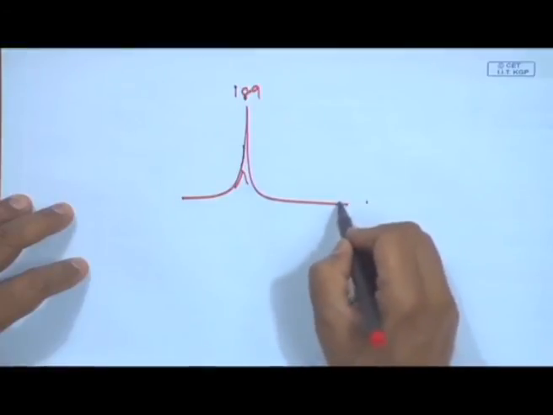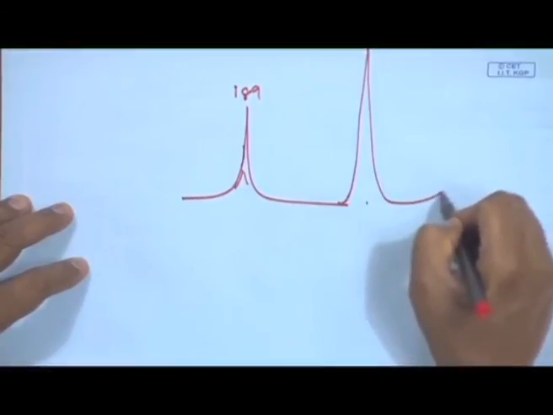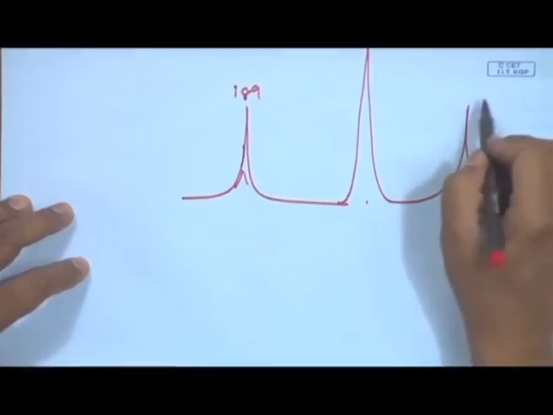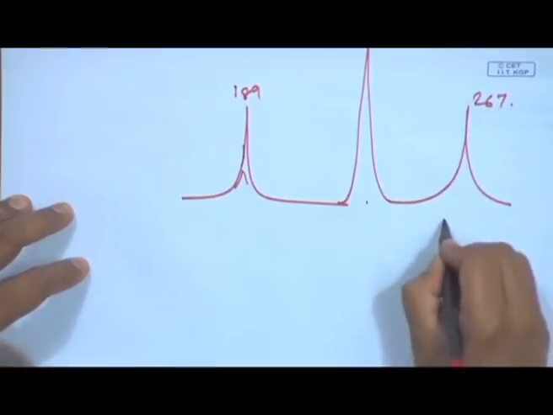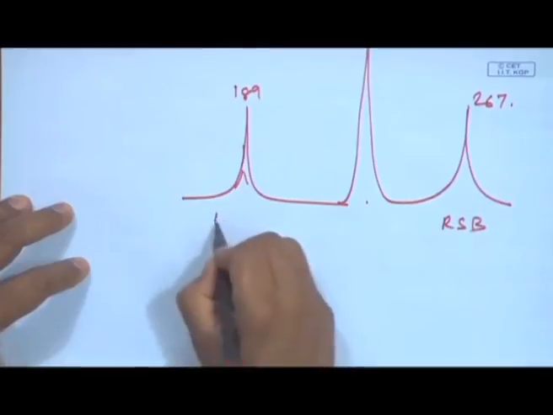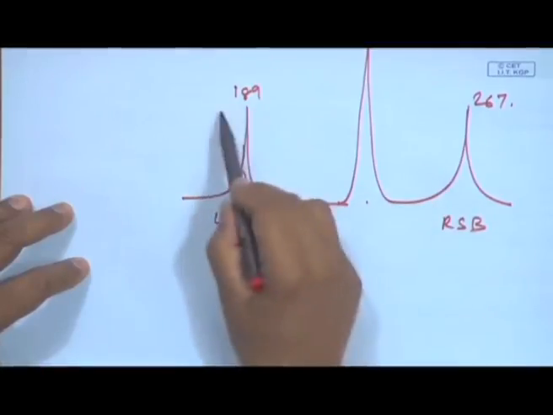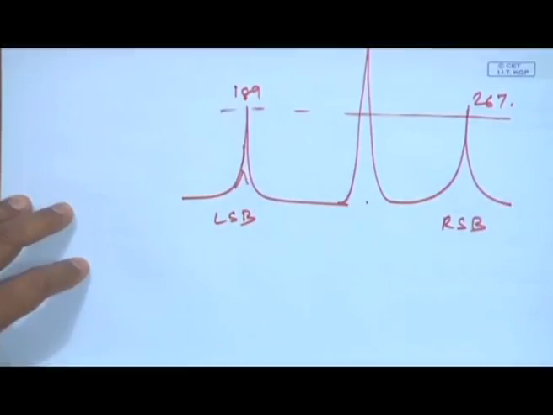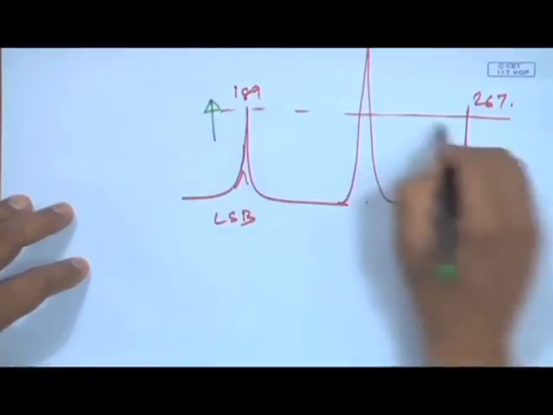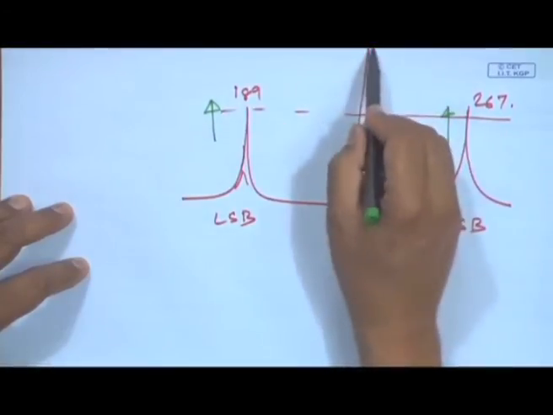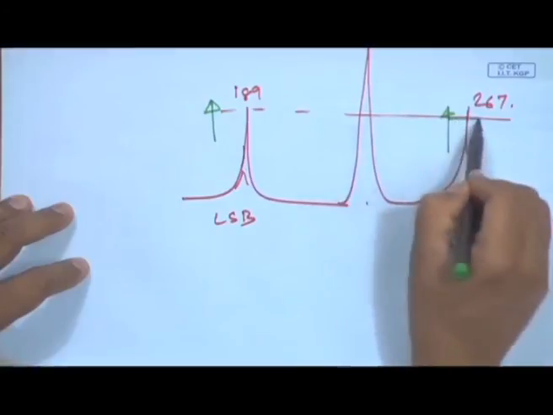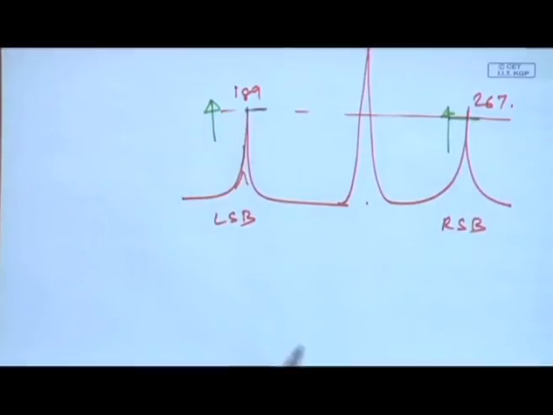And then another case was 267. This is the right sideband, this is the left sideband. So once the defect severity increases, they will increase. If somebody is monitoring this ratio, you can develop many algorithms.